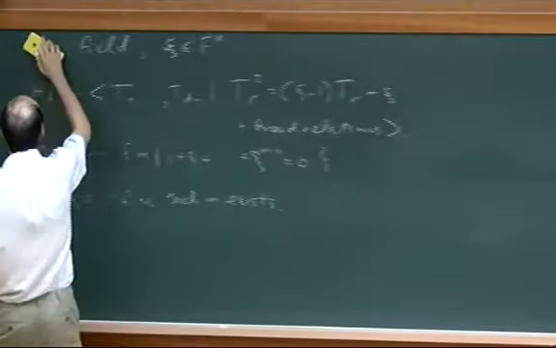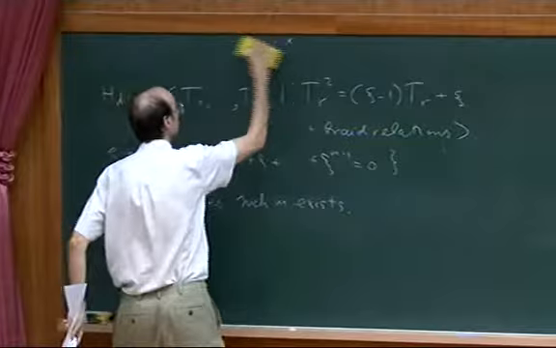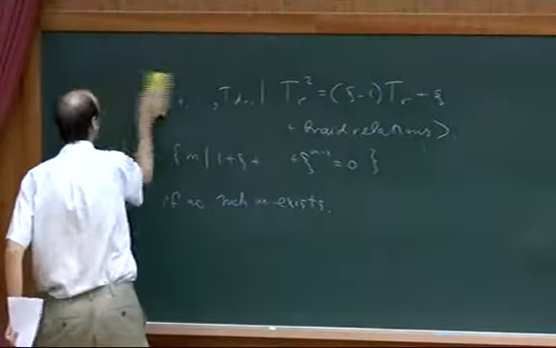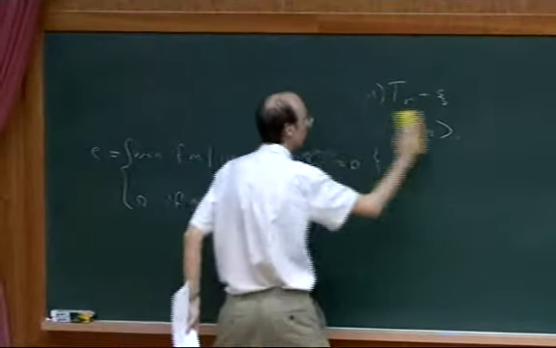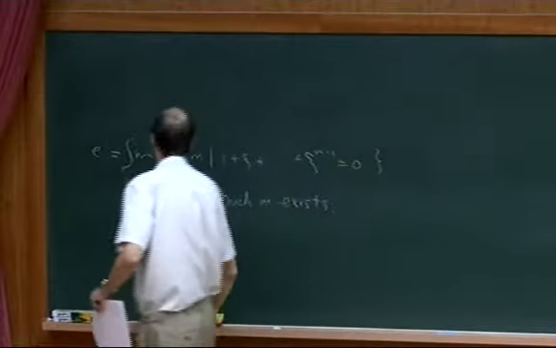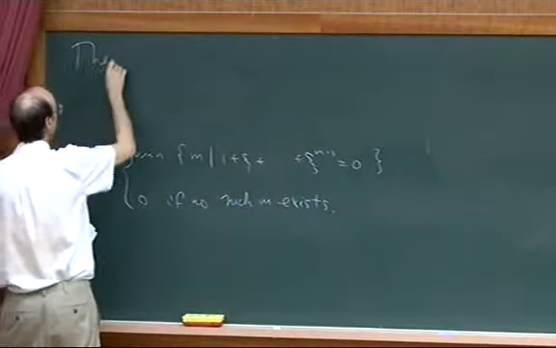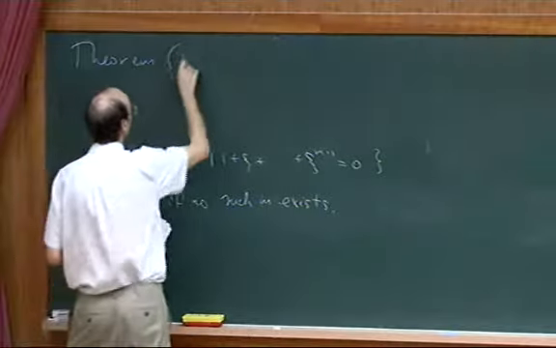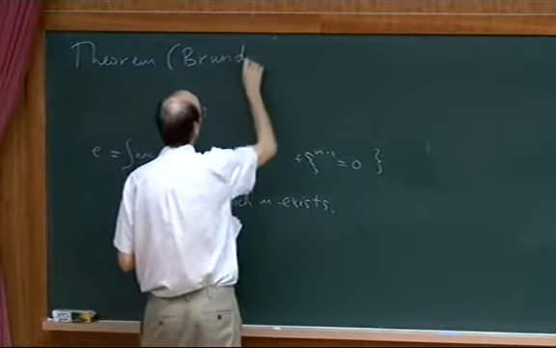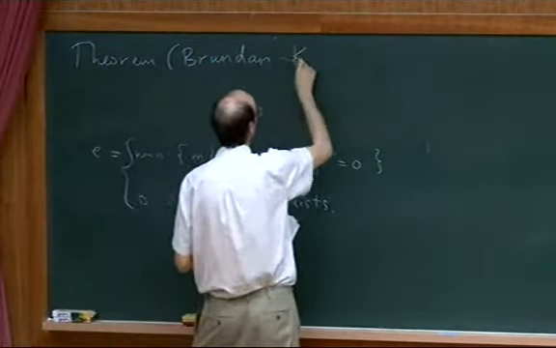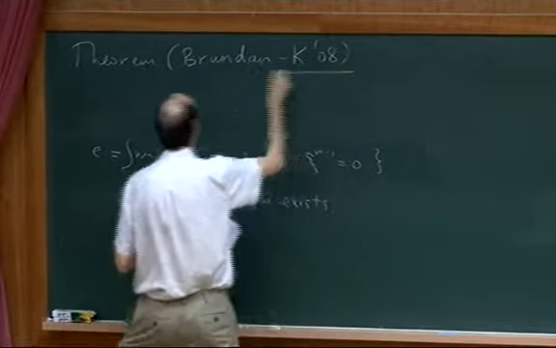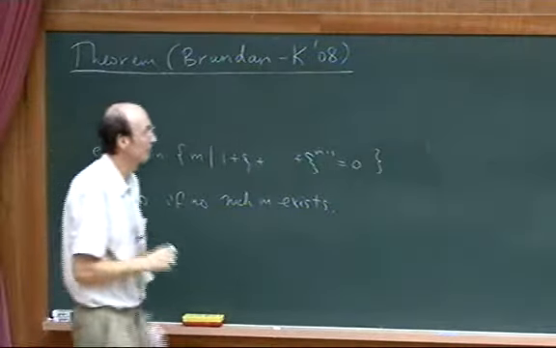So the first result which I'm going to present is not quite a theorem, because I will skip a lot, but anyway, I'll call it a theorem. This is our joint result with Jonathan Brundan.